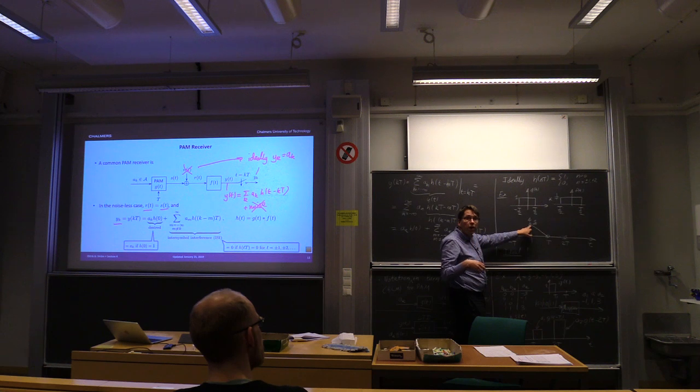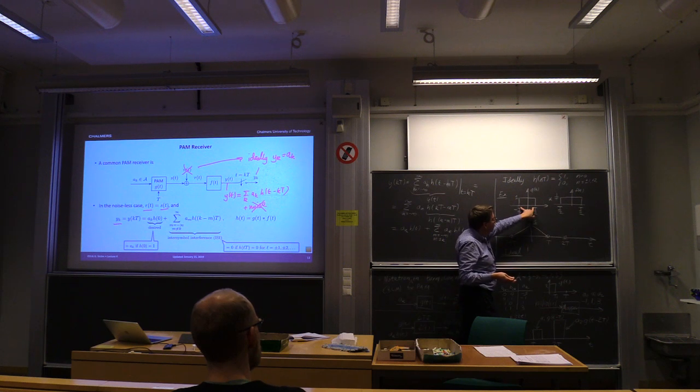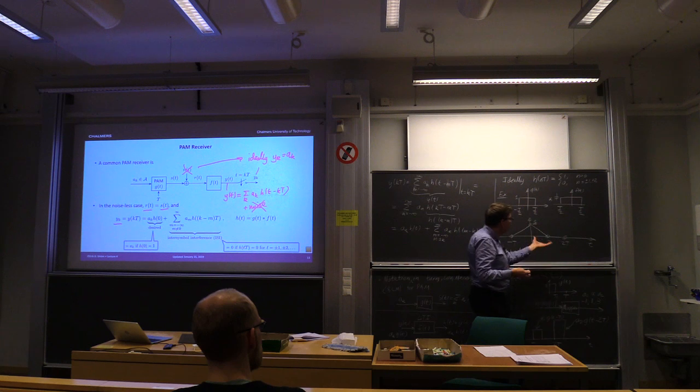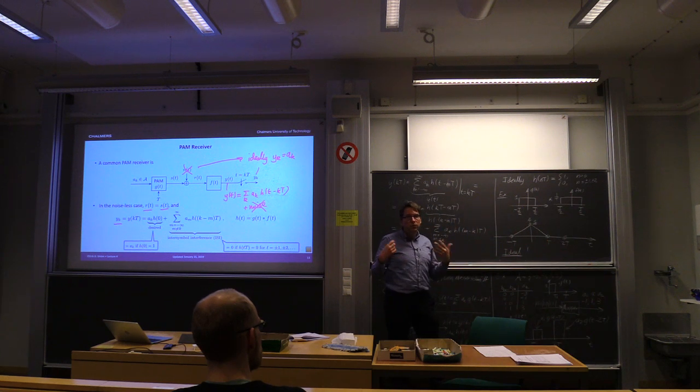Not necessarily 1, but it's some amplitude at least. And it doesn't really matter what that amplitude is as long as it's not 0. We can always compensate for this later on. Okay? So as long as the duration of the pulse that we use for transmission and the duration of the impulse response is also limited to T seconds, we will always be able to do interference-free transmission.